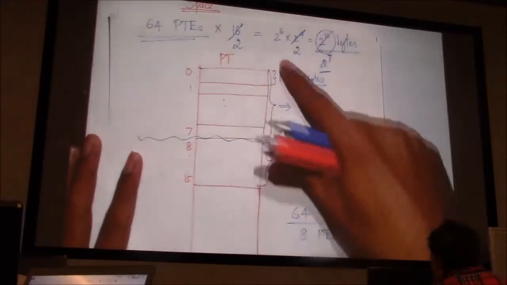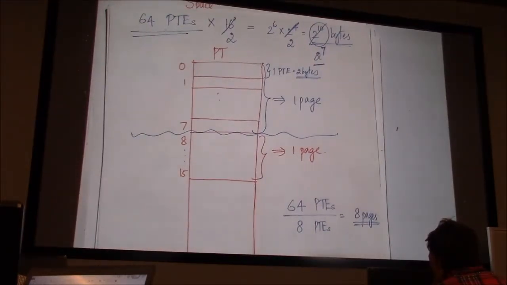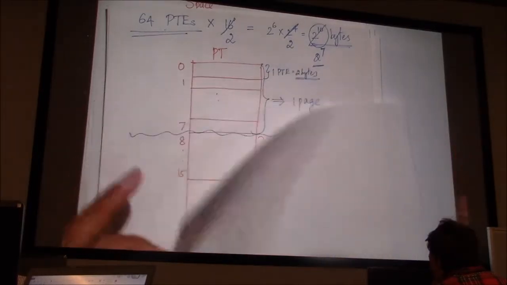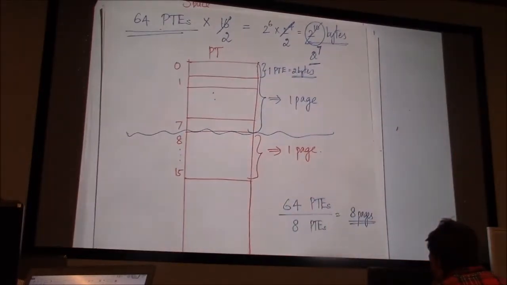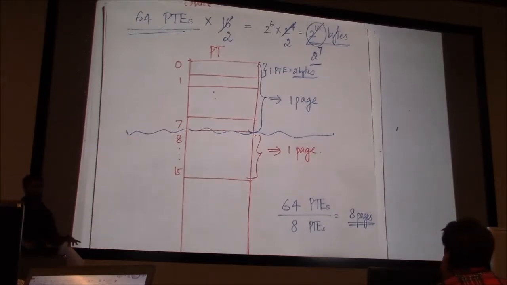We have now 8 pages for storing this page table. The main idea is, since we have split them into 8 pages, they can actually be anywhere in the physical memory.